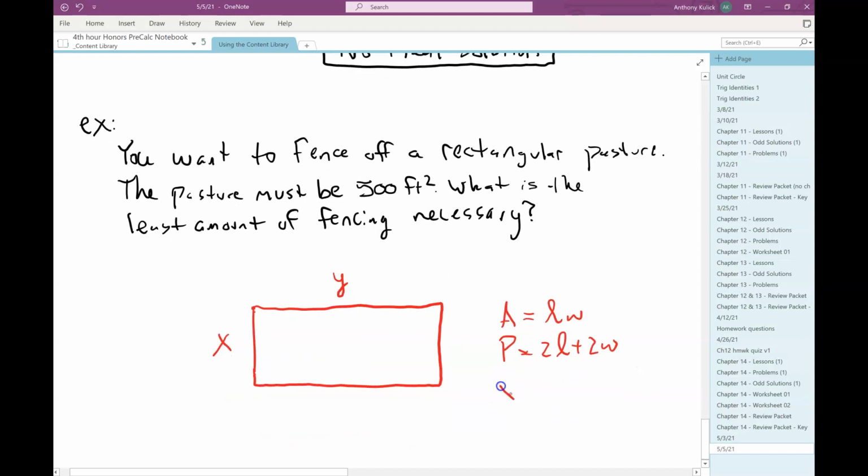So in our situation, we know that xy has to equal 500. Everybody good with that? The pasture must enclose 500 square feet, so the area has to be that. And the perimeter has to equal 2x plus 2y.